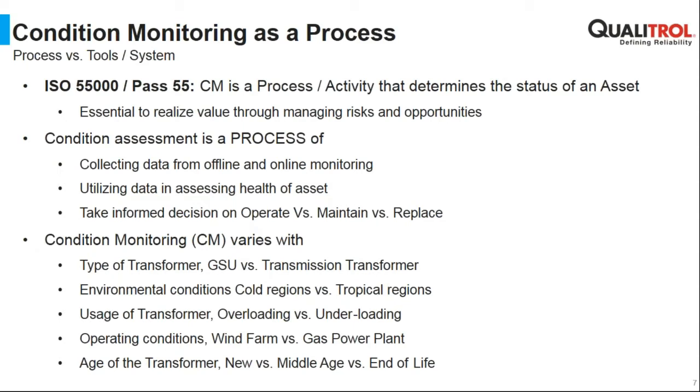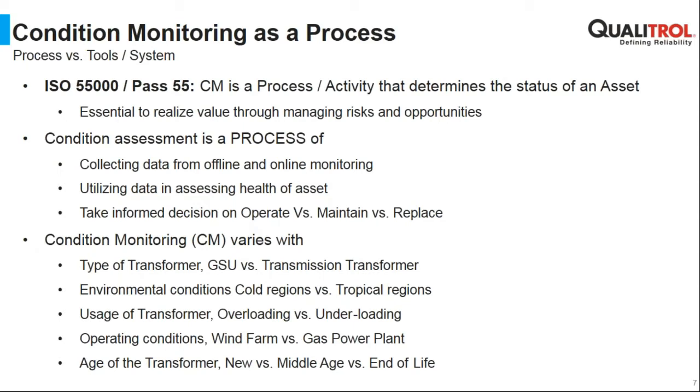That data can come from offline testing, and that data can come from online testing. After collecting the data, the next activity in the process is assessing the health of the asset, and then the final activity is utilizing that asset health in taking a decision on operate versus maintain versus replace. So that's the whole process of condition monitoring.